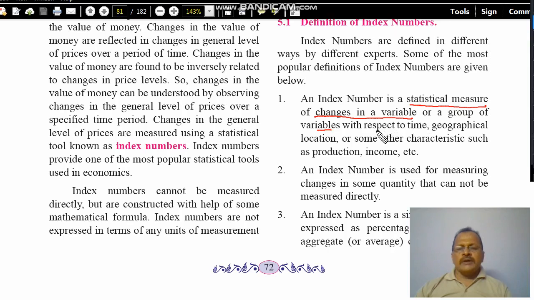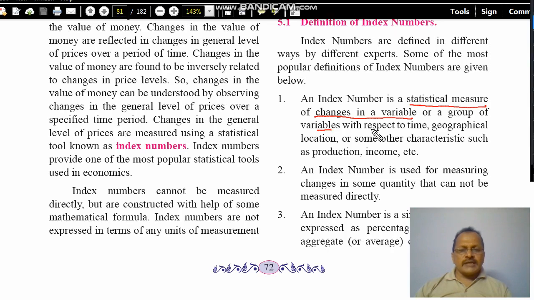For example, we may say that the price of sugar today is 35 rupees per kilogram, and price of sugar before 50 years it was 1 rupee per kilogram.